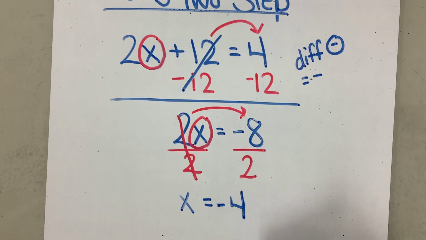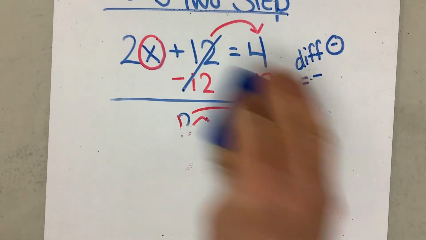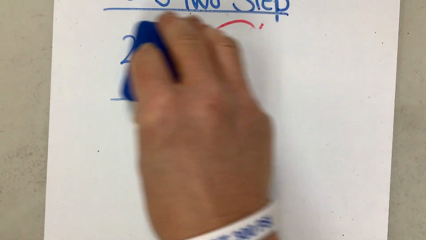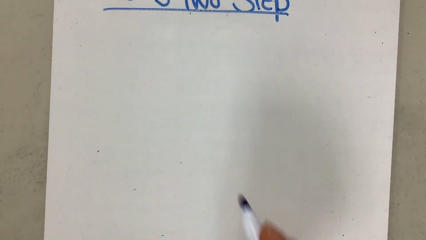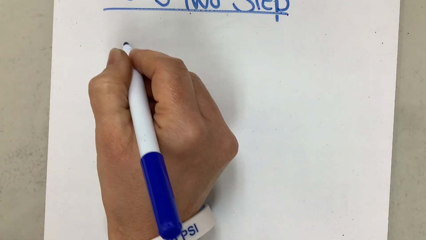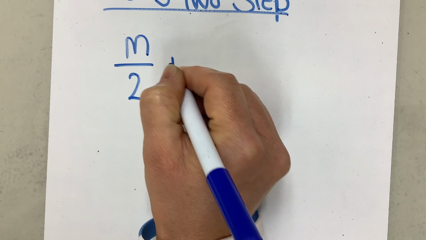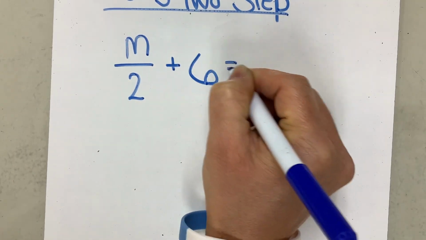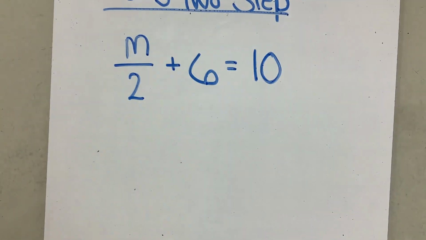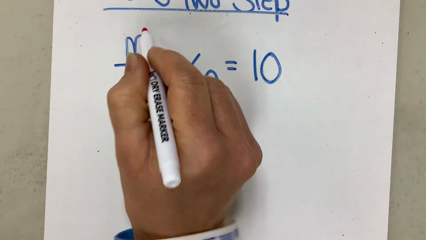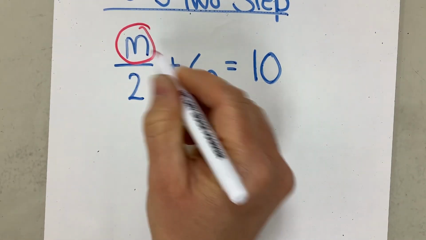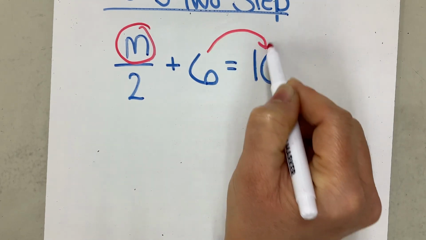All right, so the next thing, let's try another one. We're going to try this one here with some fractions in it. So m divided by 2 plus 6 equals 10. Okay, again, we want m to be alone. These are kind of tangled up, so we're going to move that 6 first.